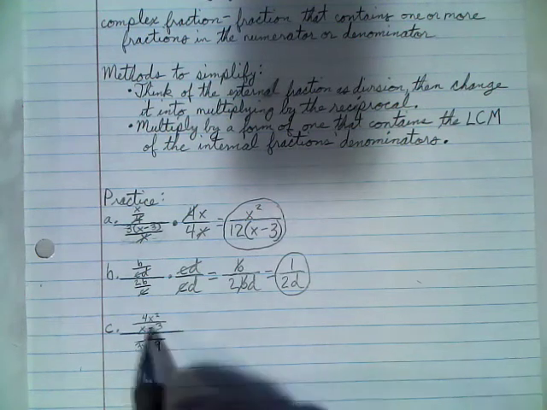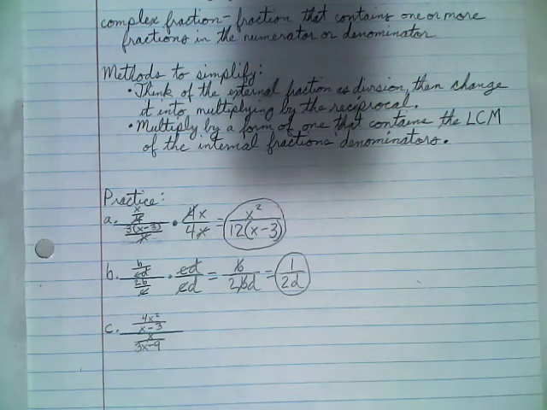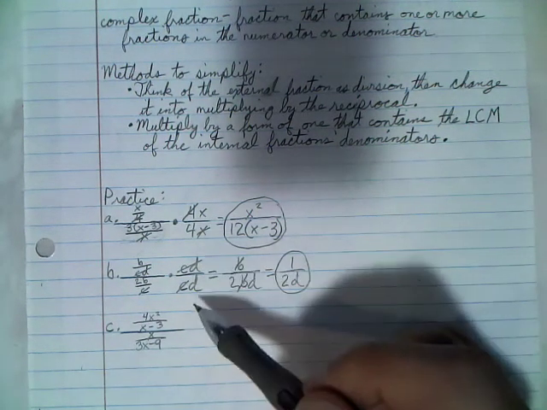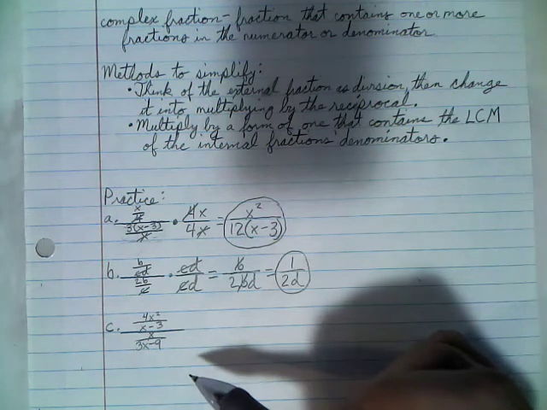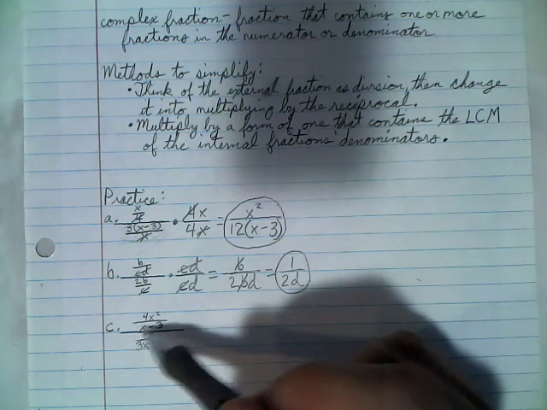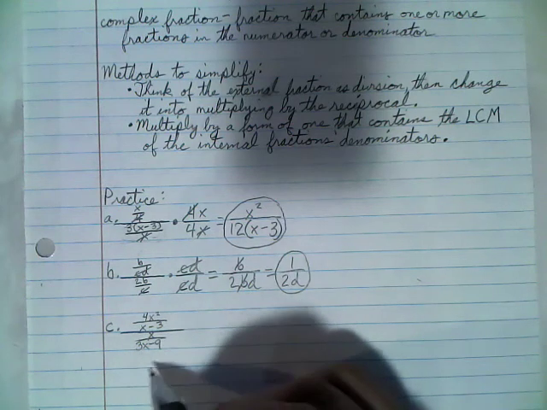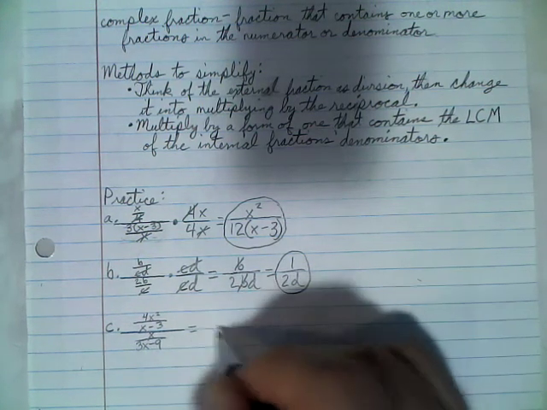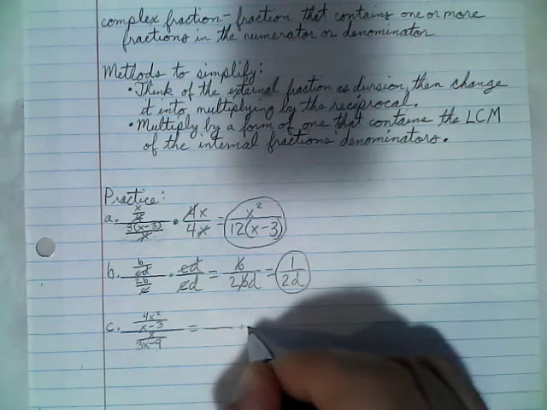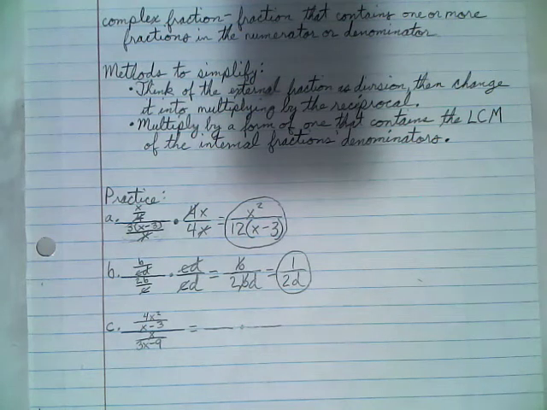Now for this one, I look at those two denominators, and this time I don't want to go with this method here. I see binomials, or if you have trinomials, I'm more likely to say, let's not look for a common denominator between those. Let's go ahead and rewrite this as a multiplication problem.